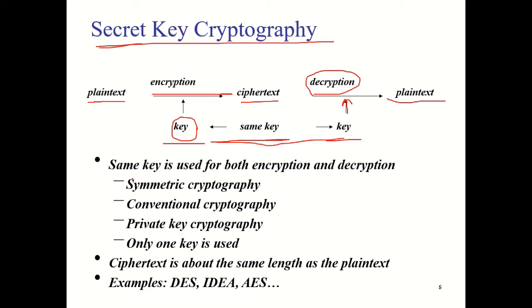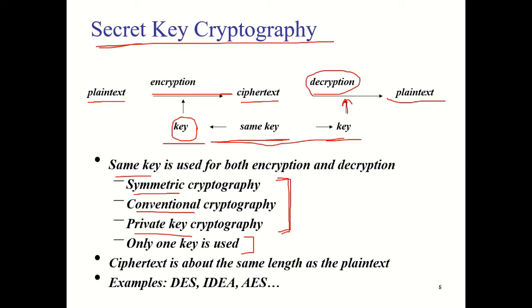Here the same thing is written. The same key is used for both operations, encryption and decryption. We call it symmetric cryptography also, conventional cryptography also, private key cryptography, because we use only one key. So if you see any of these terms anywhere, don't get confused, that is the same thing, right?